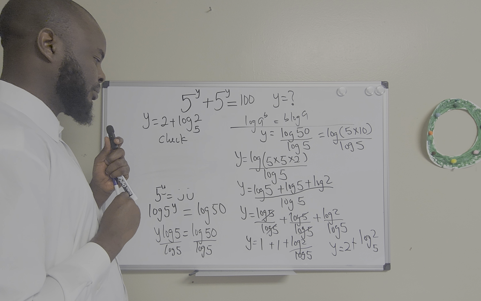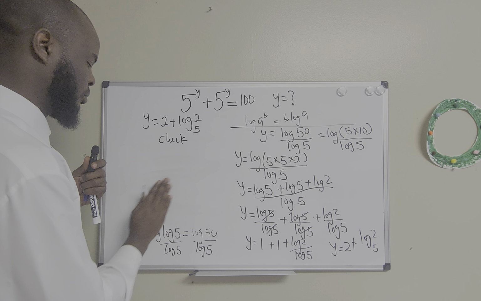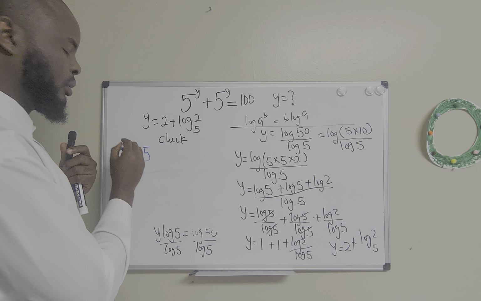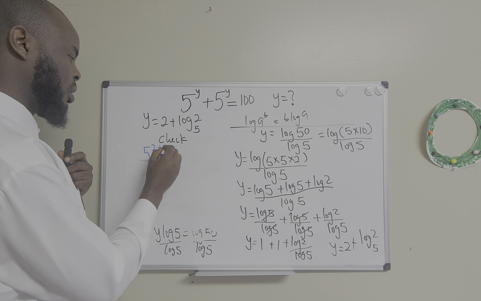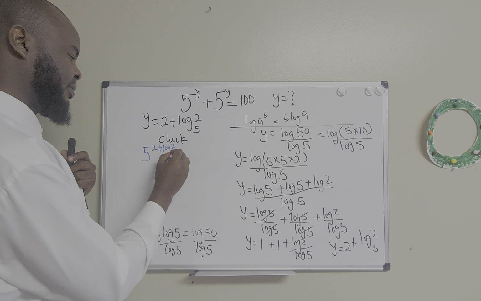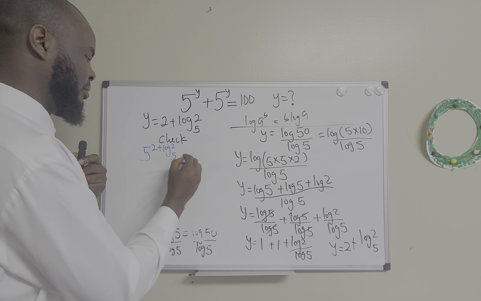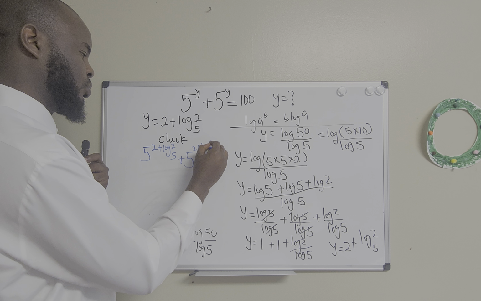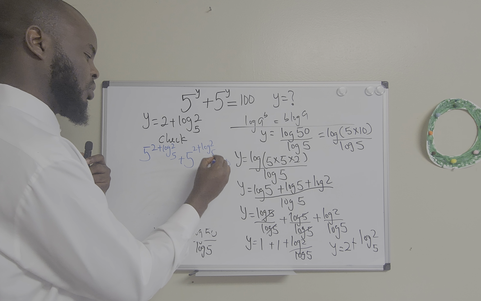Now, to check, we have 5 to the power of y. So here our y is now 2 plus log 2 base 5, plus, again, 5 to the power of 2 plus log 2 base 5. We want to see if this is going to equal 100.